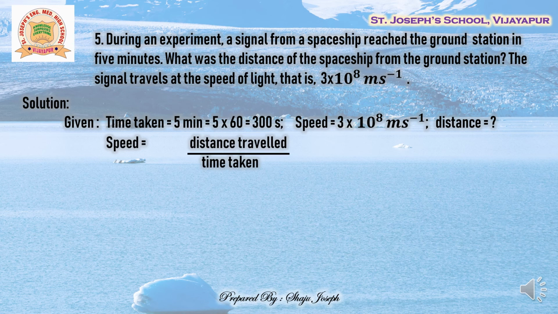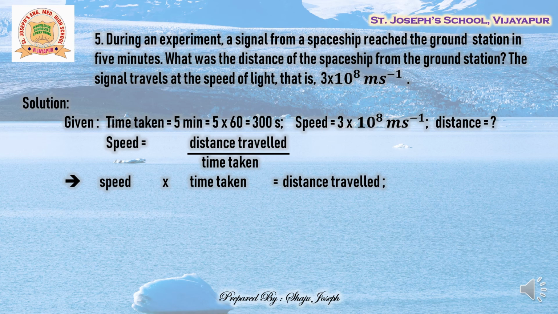The formula required is speed equals distance traveled divided by time taken. So if you take the time taken from the right side of the equation to the left side, instead of being in the denominator, it becomes a product. Normally we say as a shortcut that divided by goes to the other side and becomes multiplied by.